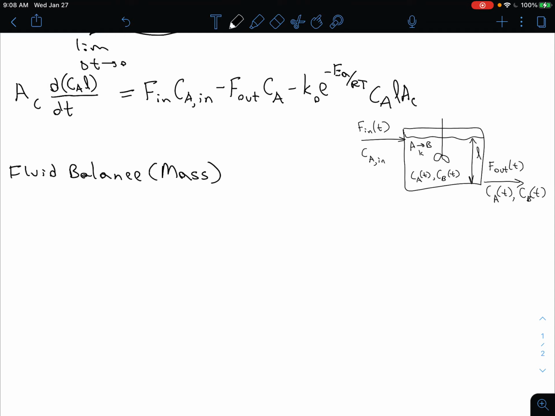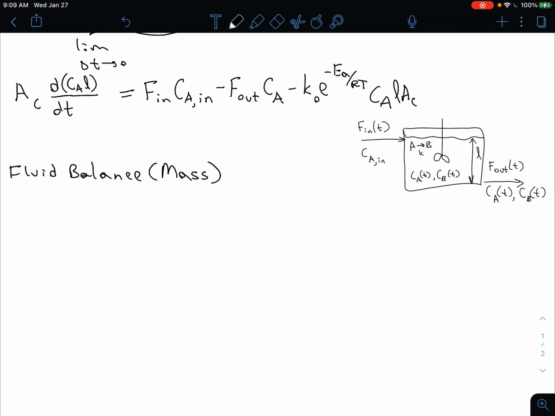Okay, so what we're really balancing here is overall mass. We're treating A and B as if they're solutes. And we're treating the system as if the solvent fluid density dictates the density of the whole solution and that it's not going to change over the course of the process.